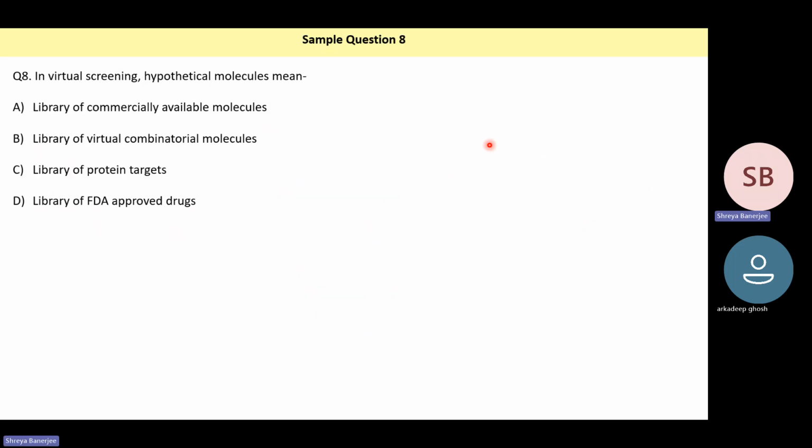Question 8 is asking, in virtual screening, hypothetical molecules mean what?